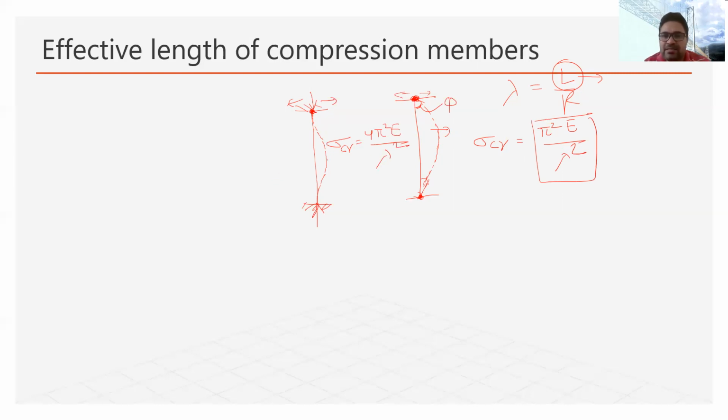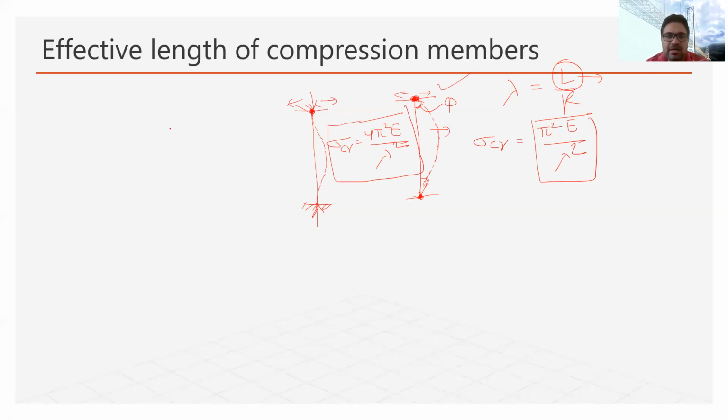So how the column is held is very important. In this case there is no rotation and no translation, so that is why the buckling load capacity is increased 4 times as compared to the hinged case.